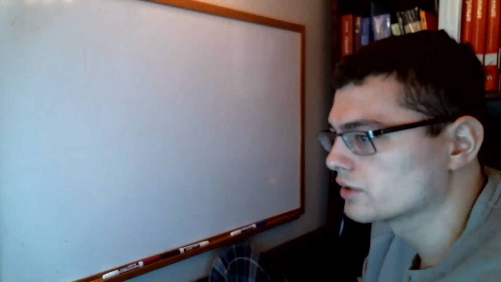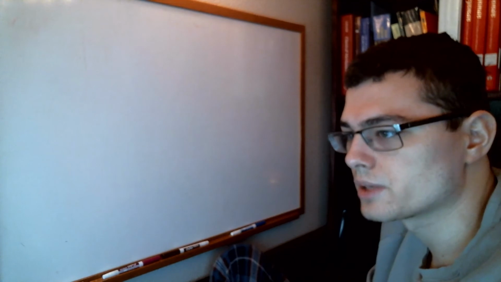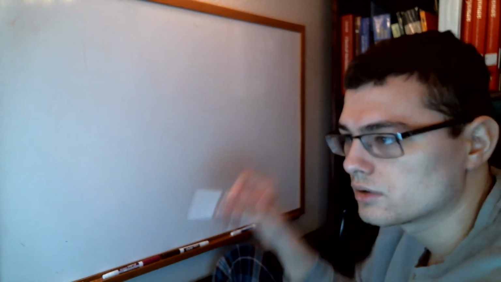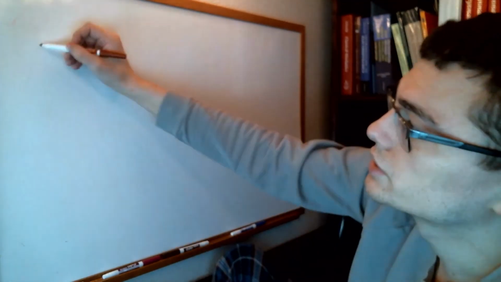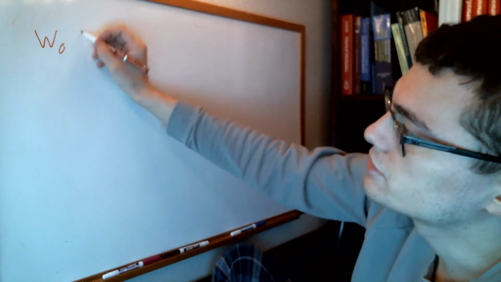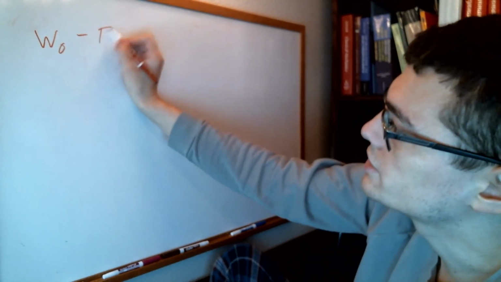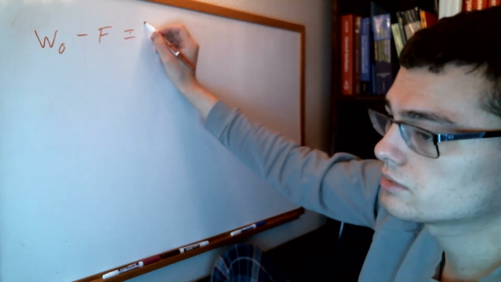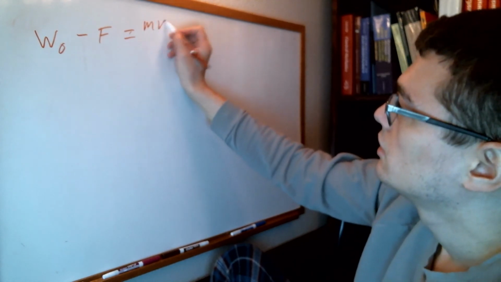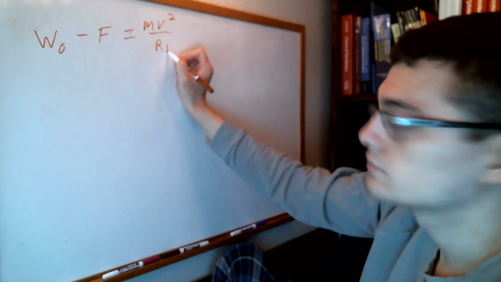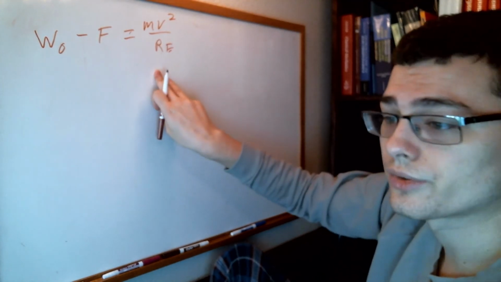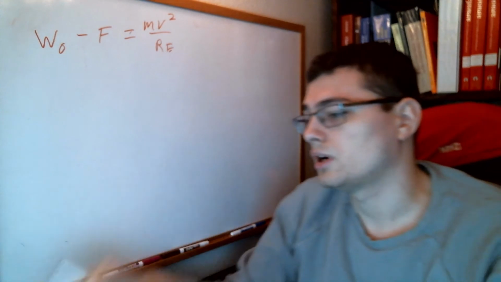I think I mentioned in an earlier lecture that your weight is not always the same based on where you are, or based on your latitude. So we're going to say that W naught minus this F is going to be equal to our centripetal acceleration here, and this is going to be the radius of the Earth down here.